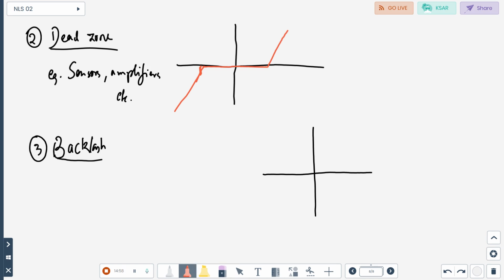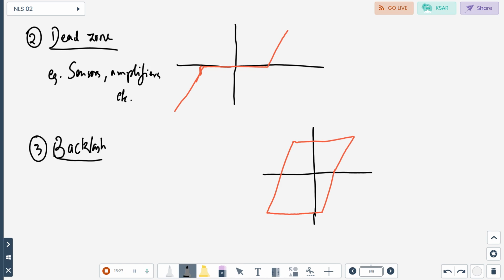Just do not mix this with hysteresis response. This is how a backlash nonlinearity will look.